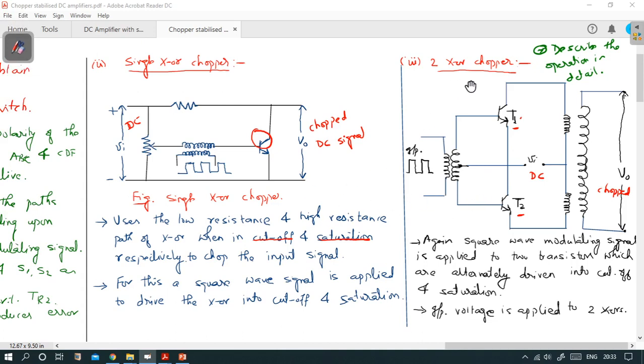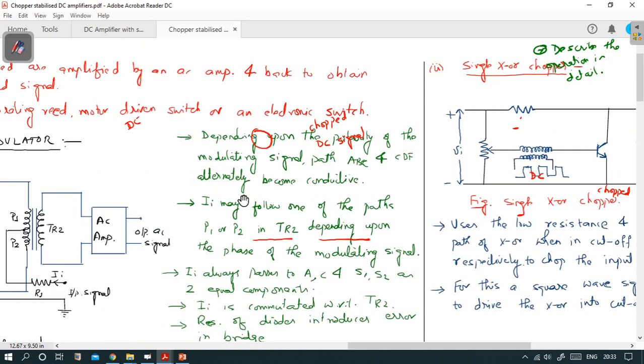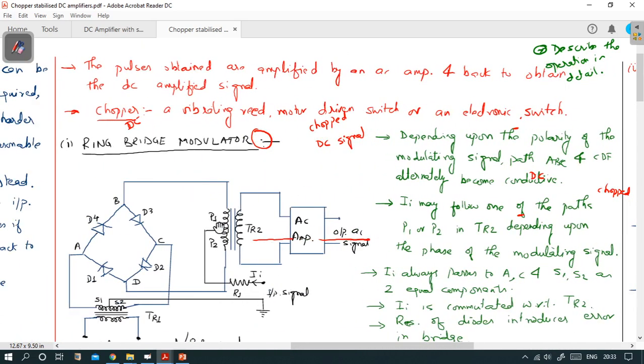But to wrap up, this is the two transistor chopper circuit, and this was the single transistor chopper circuit, and before that we had seen the ring bridge modulator, which also chopped the signal, after which we connected the AC amplifier.